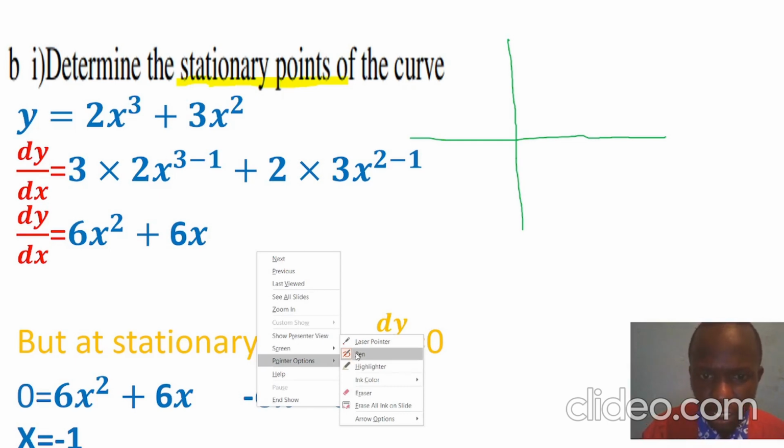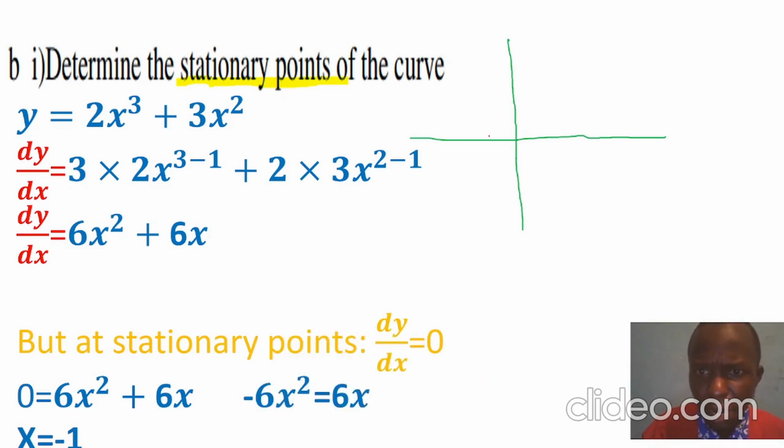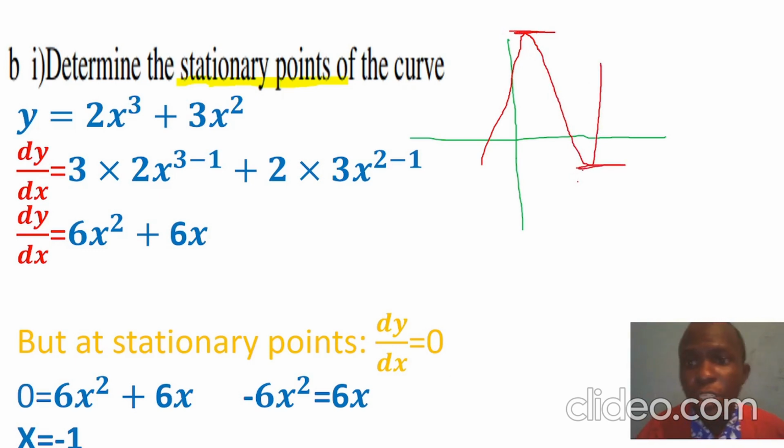We can call it a turning point if you like, or you can call it a minimum or a maximum. This point here is what we call a turning point or a stationary point. That point where the graph turns around is what we call a stationary point.